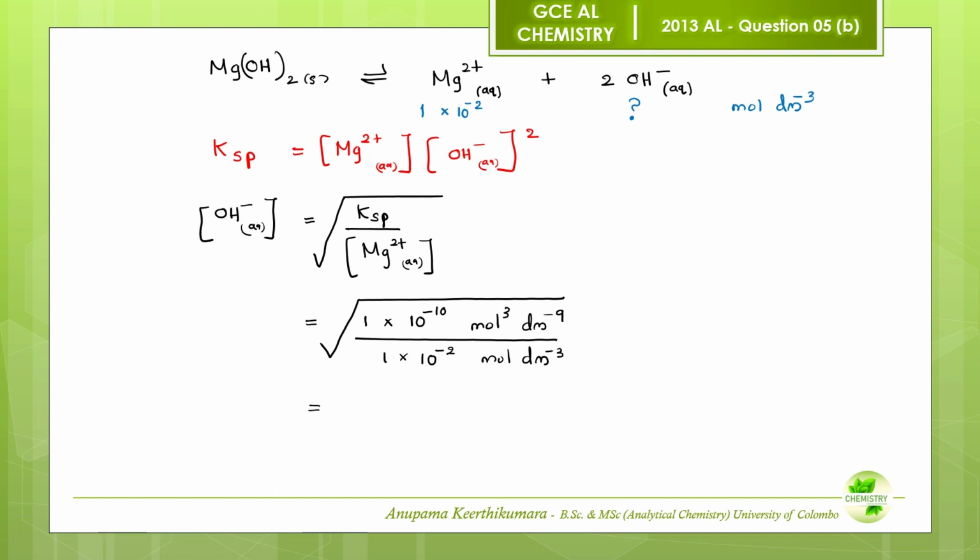The answer is 1 times 10 to the negative 4 moles per cubic decimeter. Therefore, the OH minus ion concentration in the mixture is 1 times 10 to the negative 4 moles per cubic decimeter.